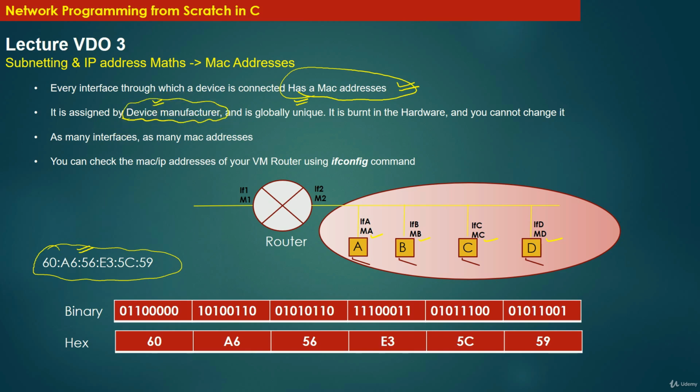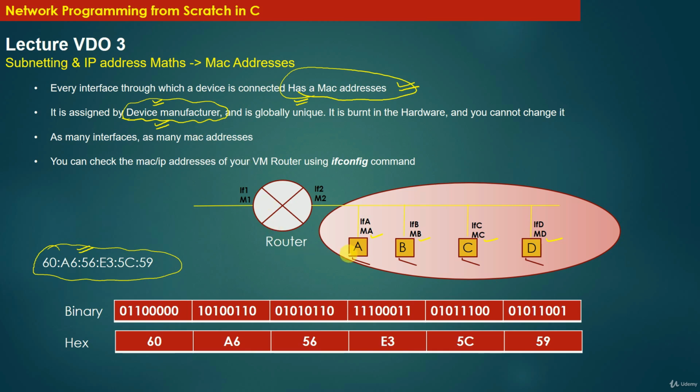So you cannot configure or change the MAC address of a device, because it is assigned by the device manufacturer only. That is, at the time the device is being manufactured, the manufacturer assigns the MAC address to the device.